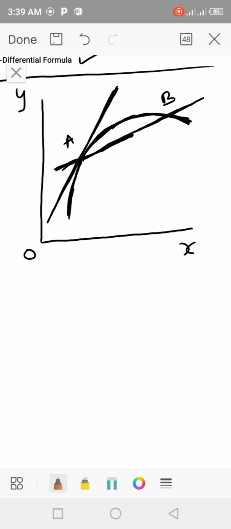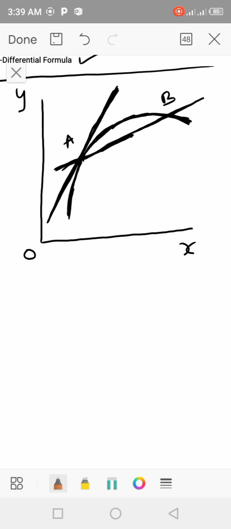And there's another line here which touches just 1 point. That is point A. So the line that is tangent or that touches point A is known as the tangent line. So we have the secant line and we have the tangent line.